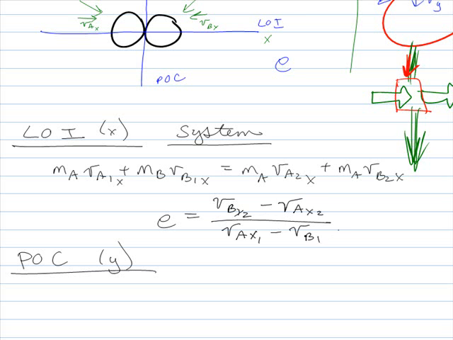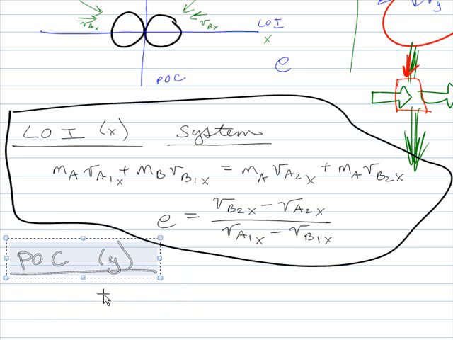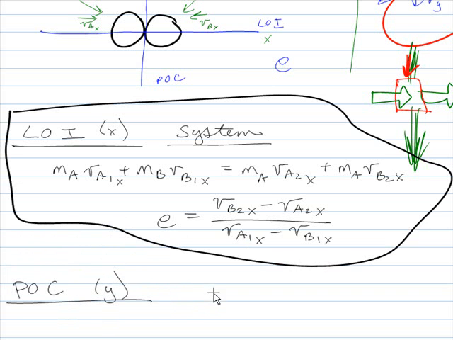Oh, I was putting the numbers first, wasn't I? So we're able to keep this information in the system, but we have to do it this way because the impact is happening along that x-axis, along that line of impact axis.